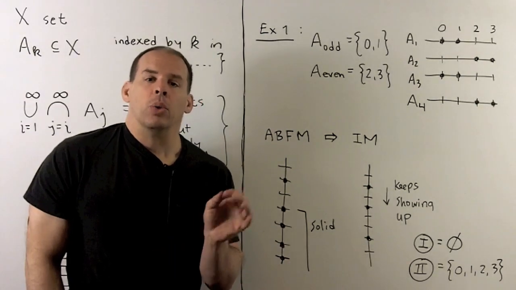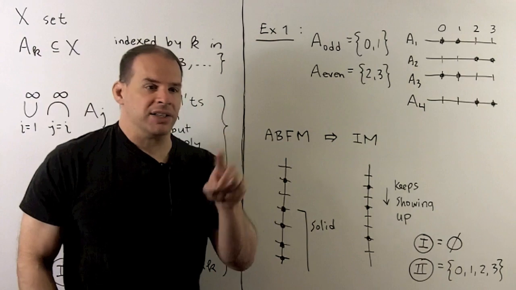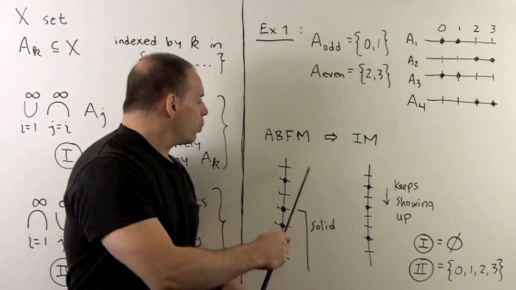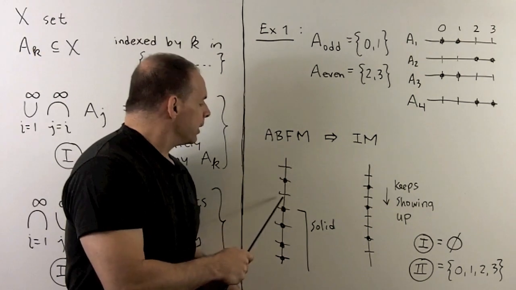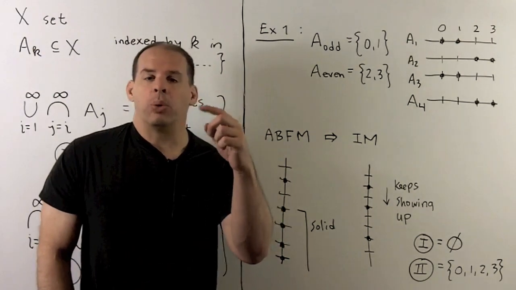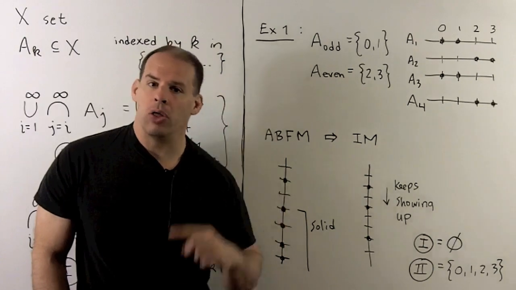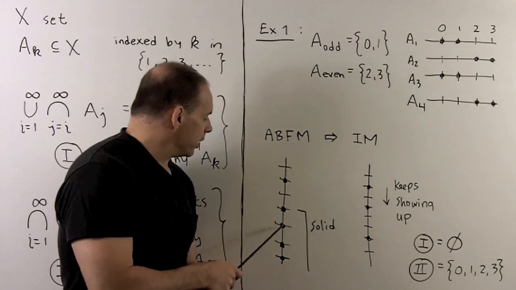Now, what does all but finitely many mean? That's saying there's going to be some finite set of indices where we don't worry about whether our point is in the set or not, but we're going to hit some index where our point shows up in those subsets all the way down. So we're looking for this solid block of points.